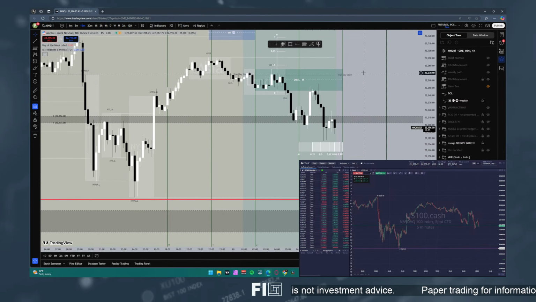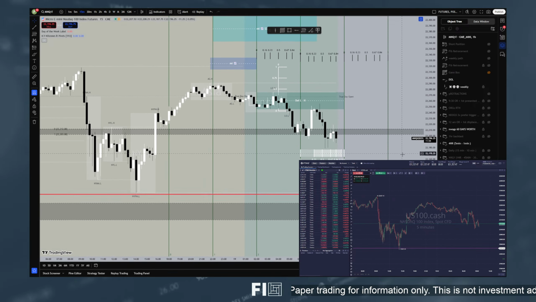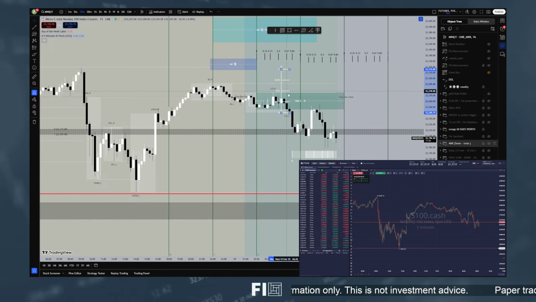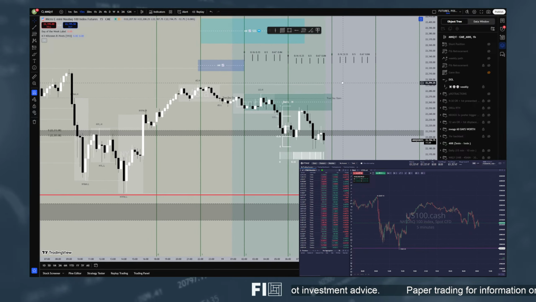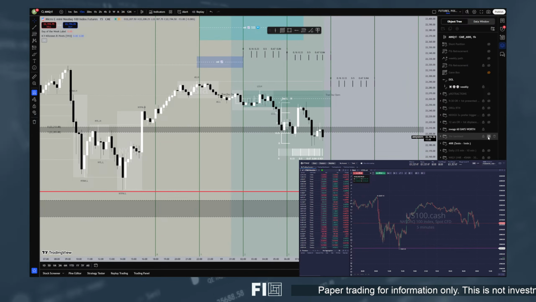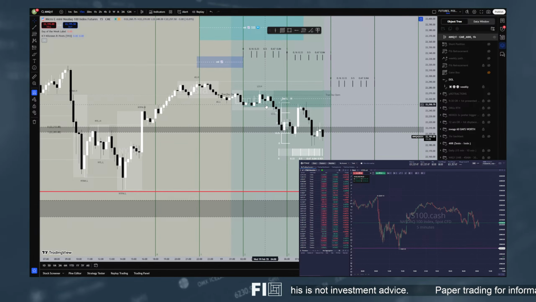There we go. Alright, so we have this developing for us. We are reacting off higher time frame levels. Okay, and then that's that. Yeah, in terms of, we have a low.